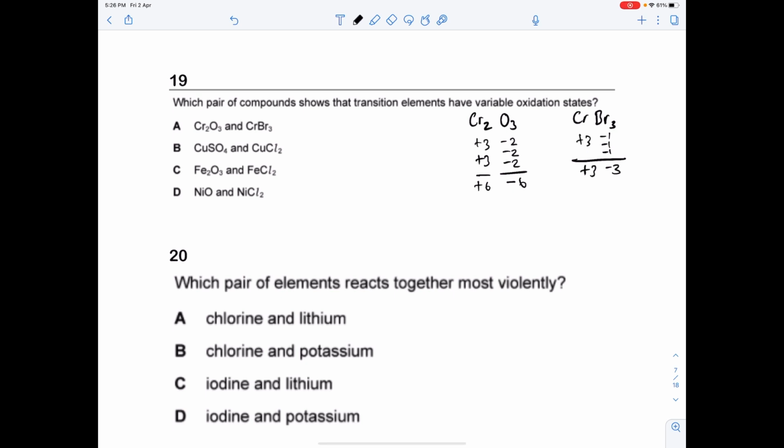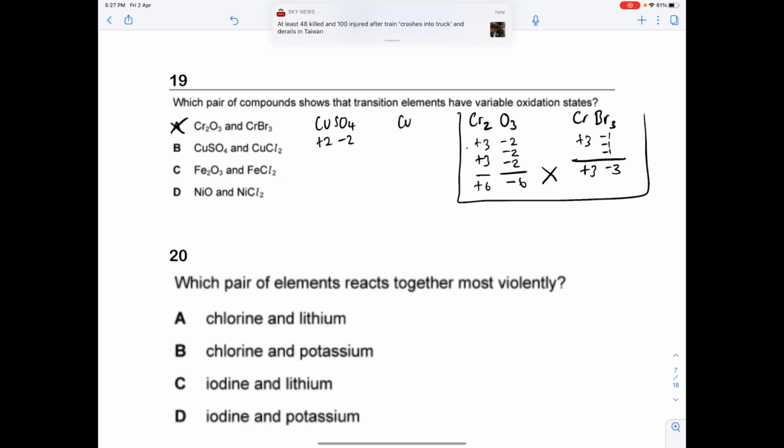So +3 and +3, it ain't A. Copper sulfate is 1 copper bonded with a sulfate. Sulfate is always -2. Copper, therefore, must be +2 in this case. And here you've got copper bonded with 2 chlorines, so -1, -1. So again, this one must be +2. So it's not this one.